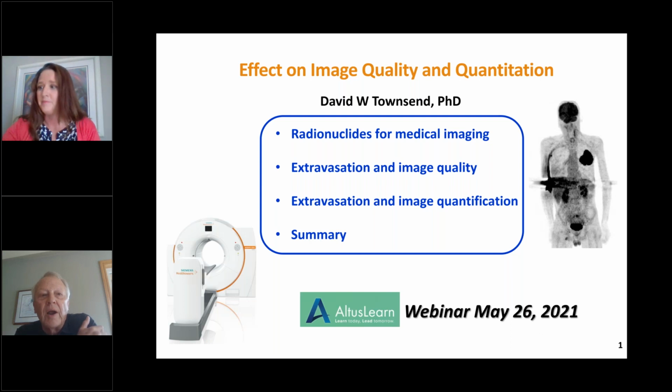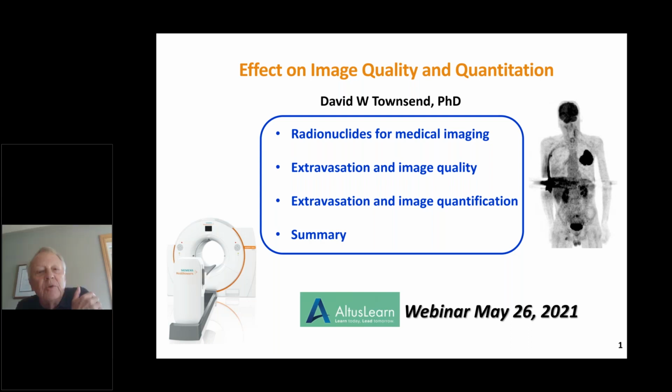Okay, all right, so my topic today is the effect of extravasations on image quality and quantitation. I'm going to cover three aspects of this. First of all, I'm going to give you a very simple explanation of radionuclides for medical imaging, how they work and how we use them for imaging. Then I'll talk about the effect of extravasation on image quality.